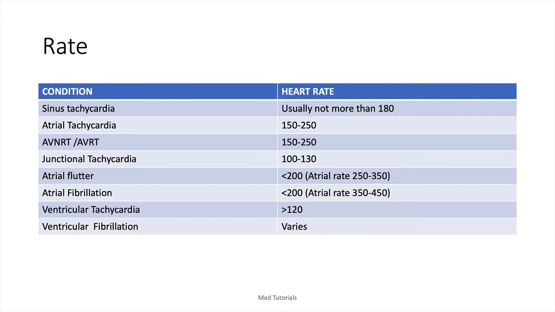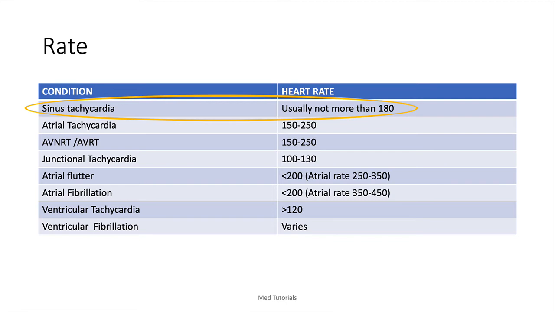So what about the rate? After you finish rhythm, you're going to look at the heart rate. Can heart rate give us any clues in ECG analysis? Two things really stand out. Sinus tachycardia usually is not more than 180.